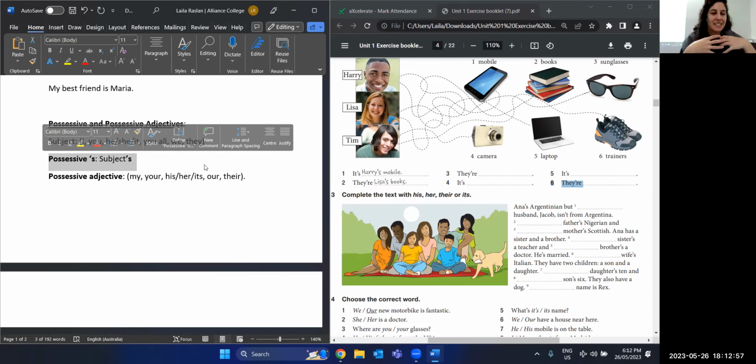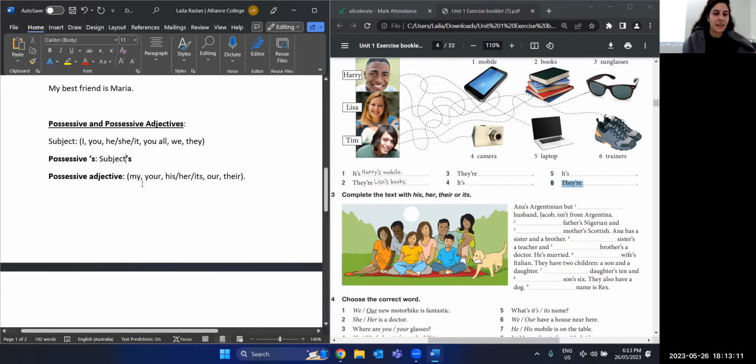Or someone can be a possessive person. They don't want to share something. So we're talking about an object that somebody owns: water bottle, cat, dog, house, camera, laptop, doesn't matter, object.